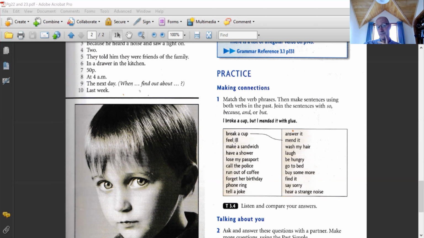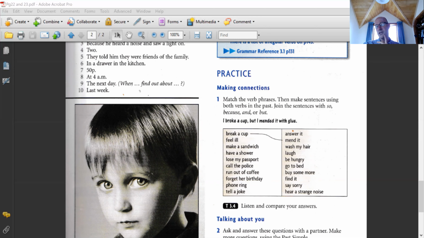Yep, felt. Felt ill. So I felt ill. And then we use up here so, because, and, or but. I think so would be good. So I felt ill, so I go to bed.